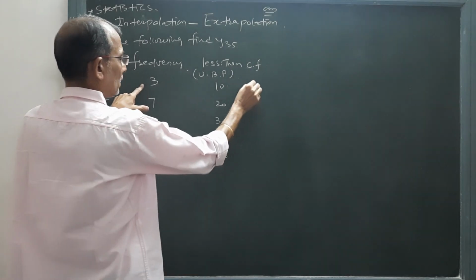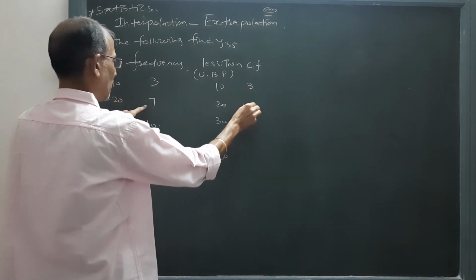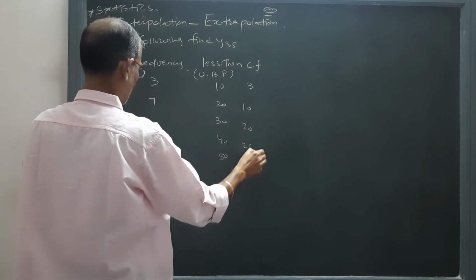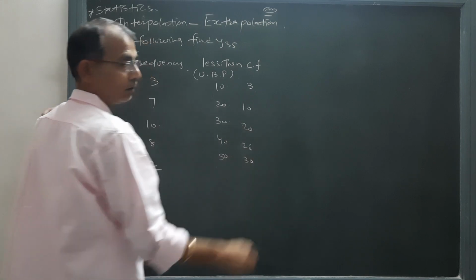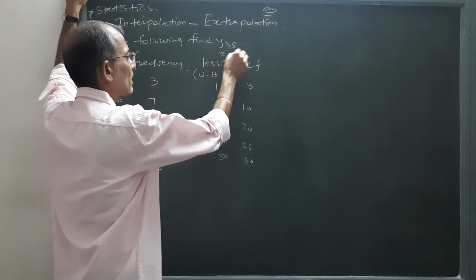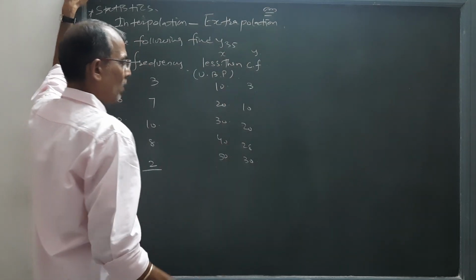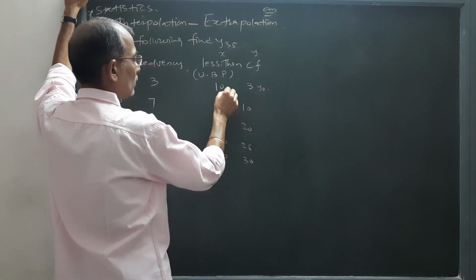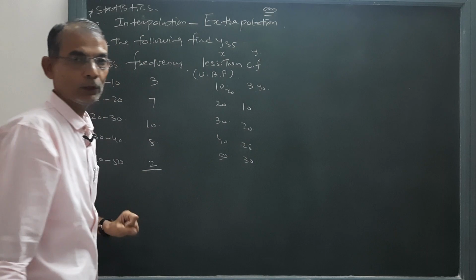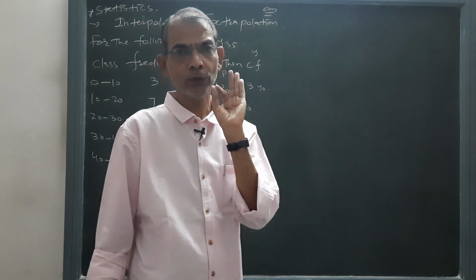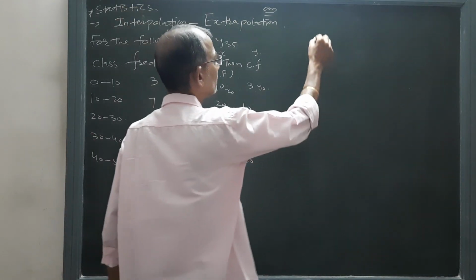That will be 3, 3 plus 7 is 10, 10 plus 10 is 20, 20 plus 8 is 28, 28 plus 2 is 30. Now this will be our x and this will be our y, and this will be x0 and this will be y0. Now we are going to use Newton's method.